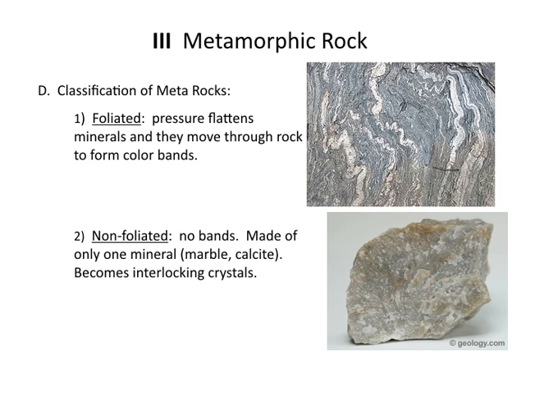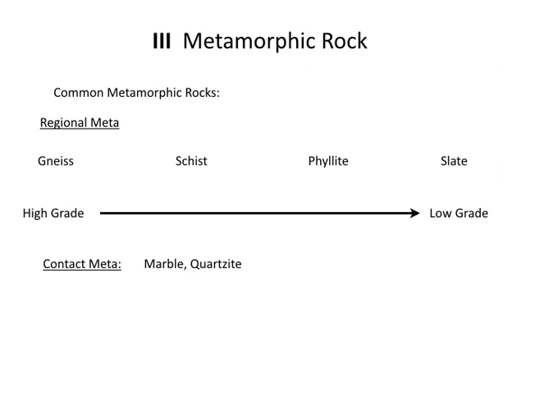So under heat and pressure, those minerals can migrate, they collect together, and they cause color bands, that zebra stripe. Non-foliated rocks usually are made out of one type of mineral, so you don't get that separation. The rock names for metamorphic rocks change due to the intensity of the metamorphism. So highest grade, gneiss, to lowest grade, slate.